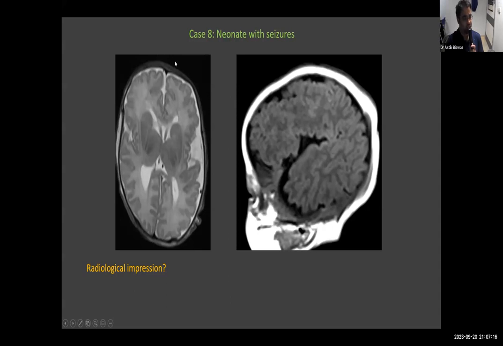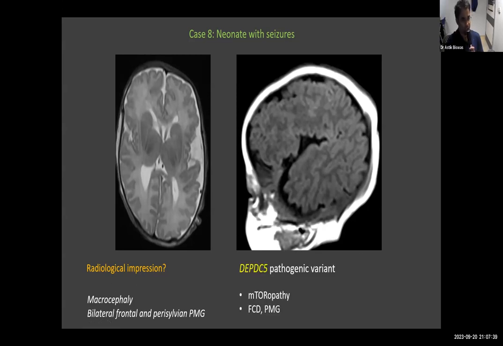You can also notice head circumference is quite big. On the sagittal T1 image, the contrast is not great, but you can make out this irregular appearance in the frontal and perisylvian regions compared to the posterior parts of the brain. So there is macrocephaly with frontal and perisylvian polymicrogyria.